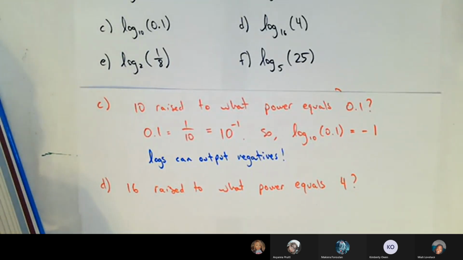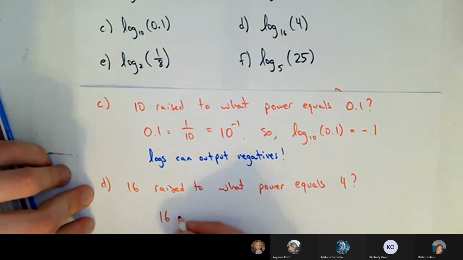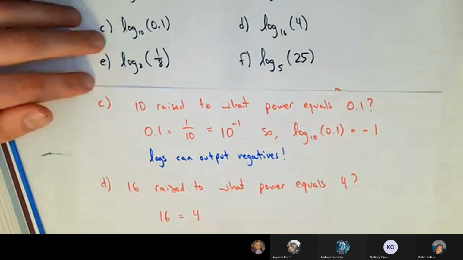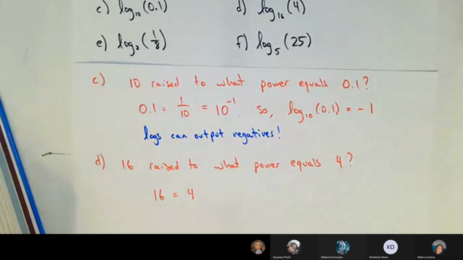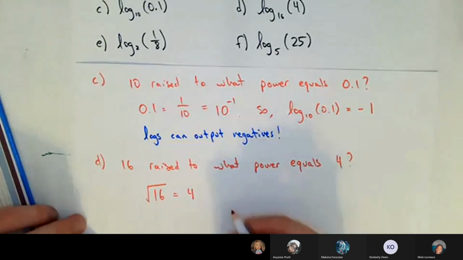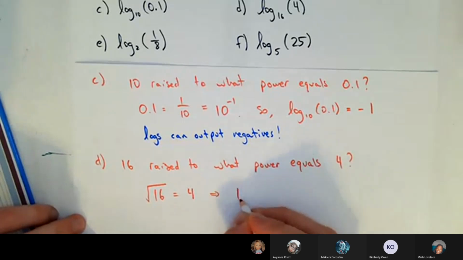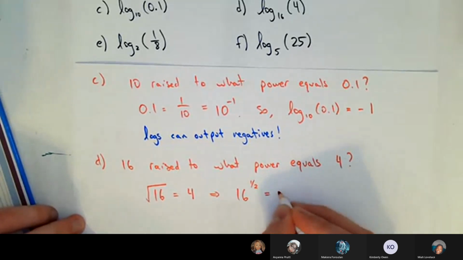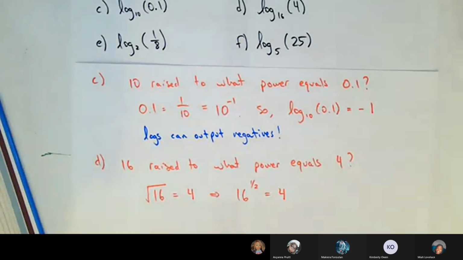Well, I know that the square root of 16 is equal to 4, and the square root of 16 is the same as 16 raised to the 1/2. I again need to recall exponent rules about radicals, right? So 16 raised to the 1/2 is equal to 4. These are just properties that you have to remember about exponents in order to be able to solve these problems.